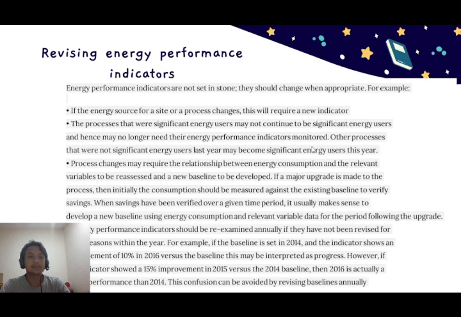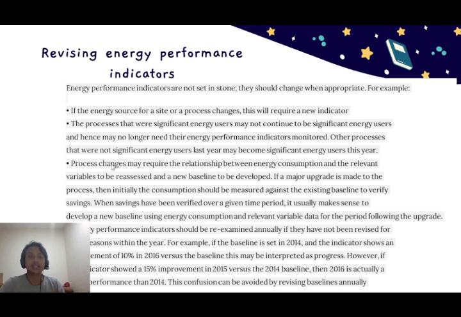Second, the process that is a significant energy user may not continue to be a significant energy user and hence may no longer need its energy performance indicator monitored. Other processes that were not significant energy users last year may become significant energy users this year.